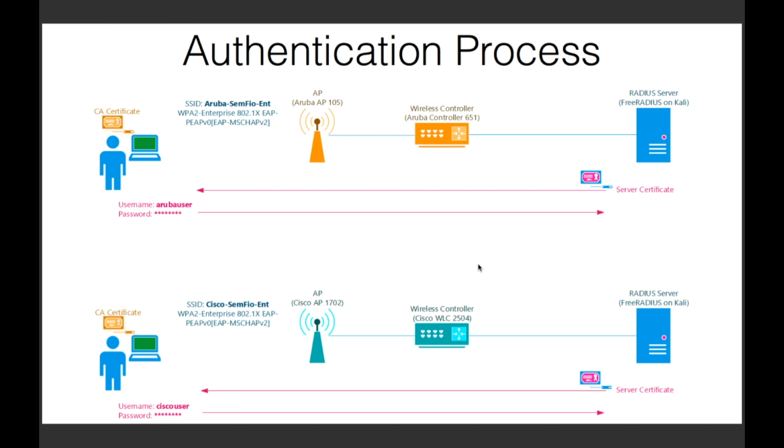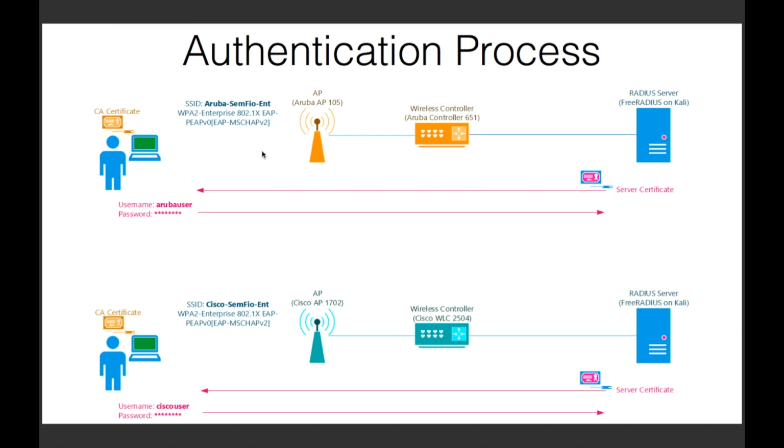So how does the authentication process work in our case? We're going to use 802.1X with PEAP MSCHAPv2. So PEAP means protected EAP, and it basically creates a tunnel, and within the tunnel you're going to have a second EAP method, and the second EAP method is EAP MSCHAPv2.